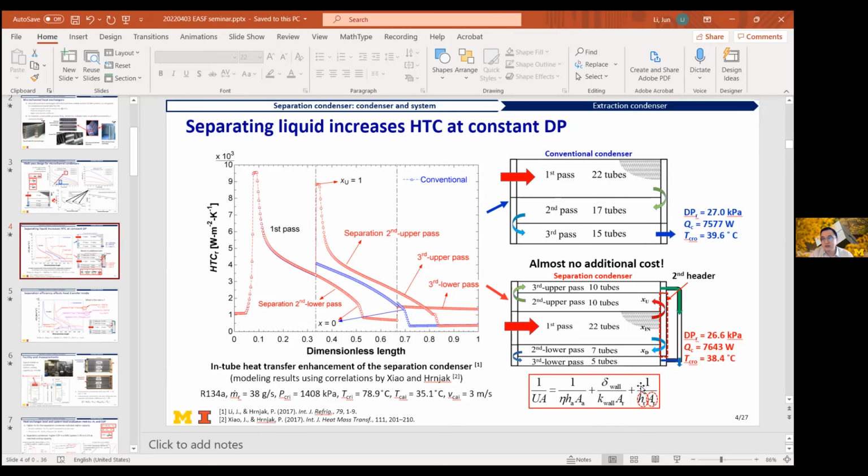If you can keep having this 5 to 8 times higher air side heat transfer, the condenser capacity may be increased by 2 to 3 times. So that can really cause a dramatic change to the system in the end.